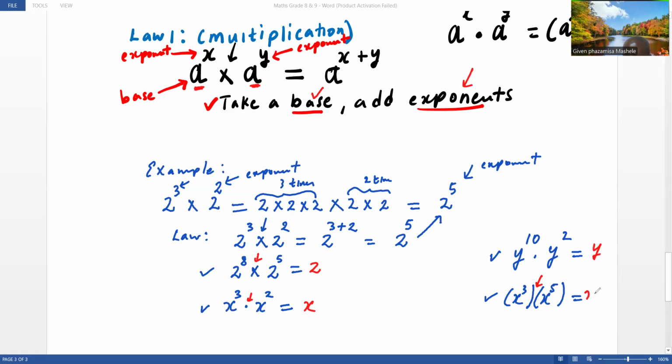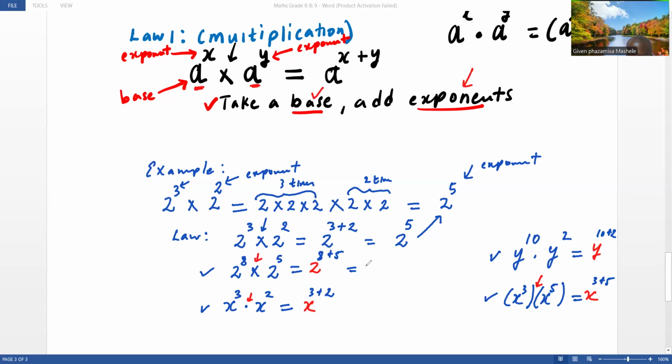The base is x. As long as there is multiplication in between, what do we do? We take one base and we add the exponents. So we're going to add 8 with 5, 3 with 2, 10 with 2, 3 with 5.